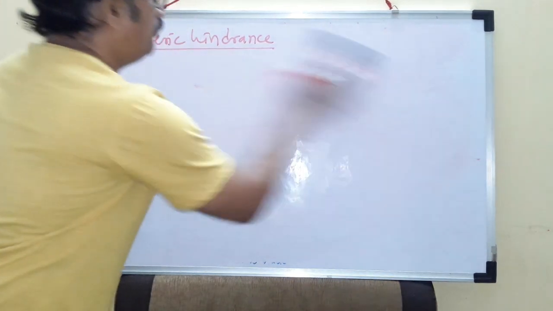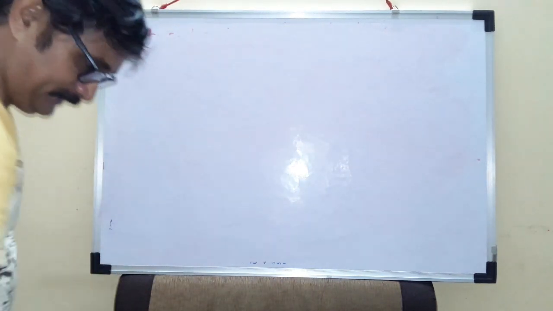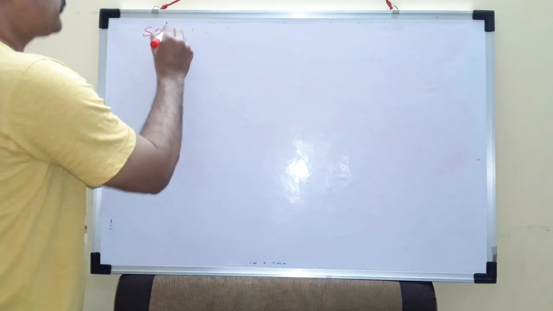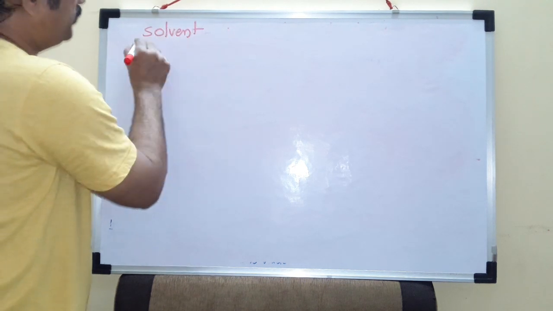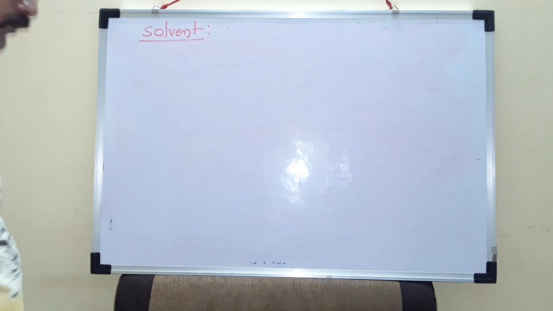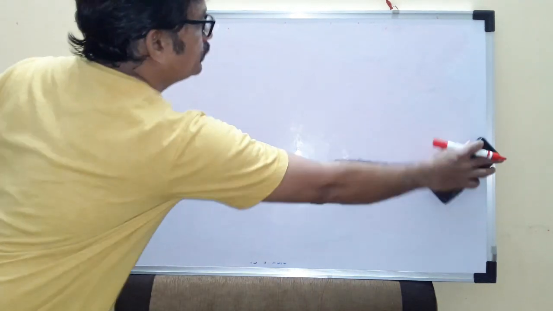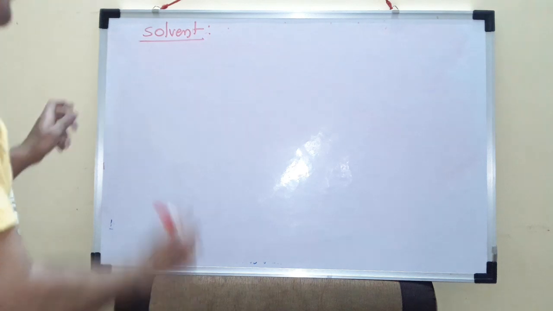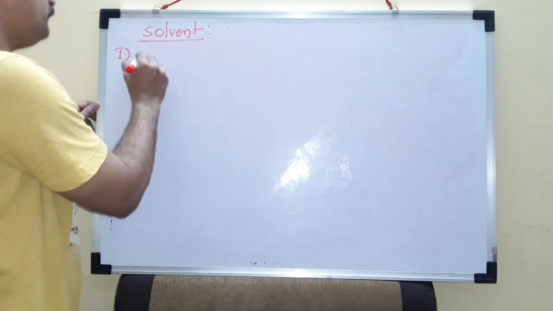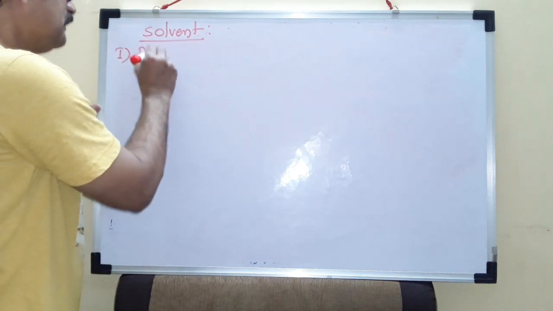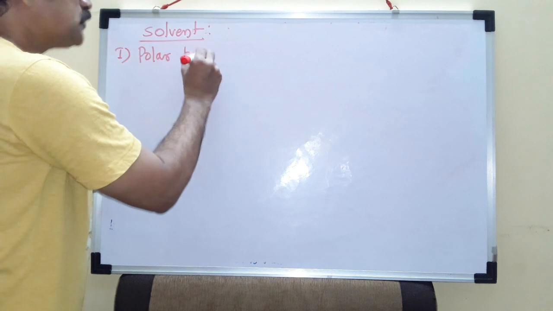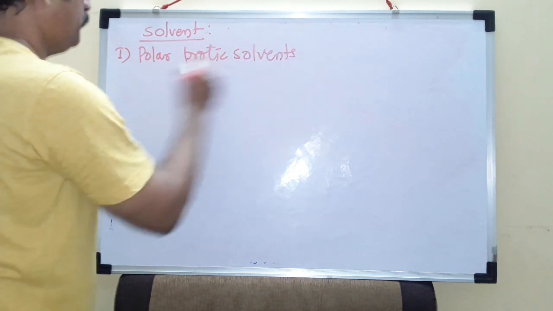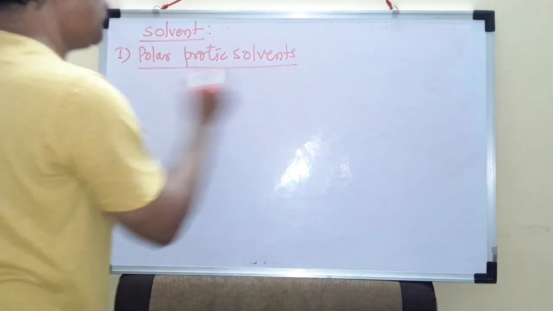Okay, now I am moving towards the last factor, that is solvent. Solvent also plays a very good role in nucleophilicity and basicity, so you should know. There are two types of solvent. In the presence of polar protic solvents, I hope all of you know the meaning of polar protic solvent.